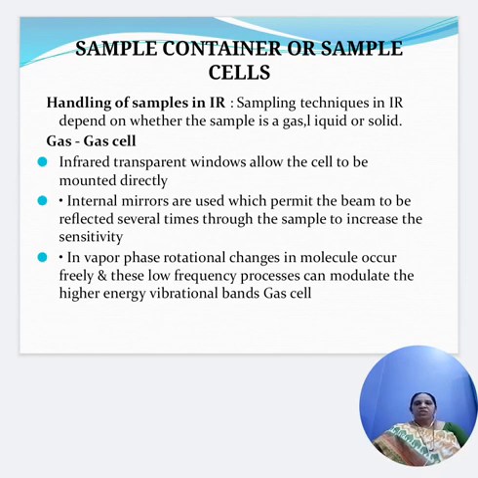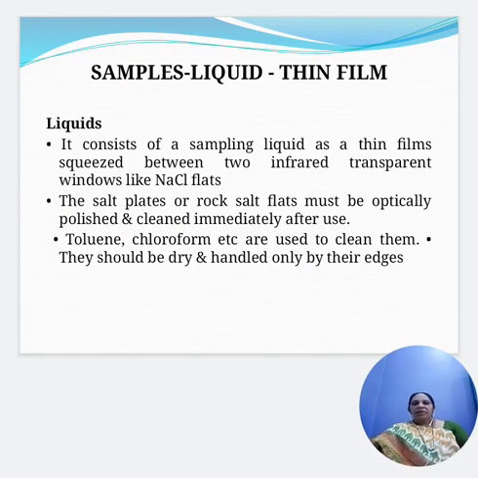So we are using gas cells which contain infrared transparent windows, which allow the cell to be mounted directly. Internal mirrors are used to permit the beam to be reflected several times through the sample to increase the sensitivity.